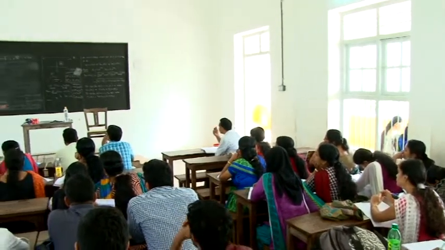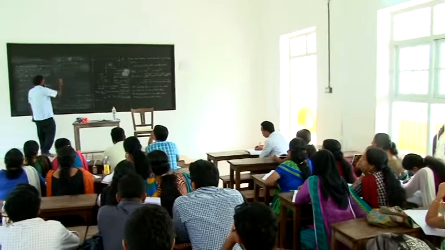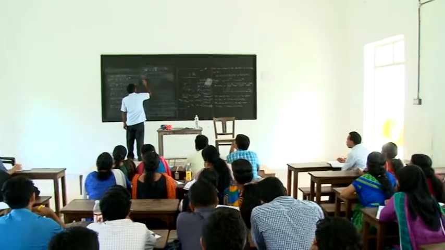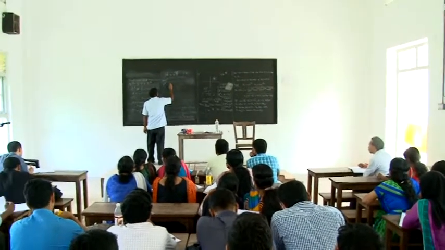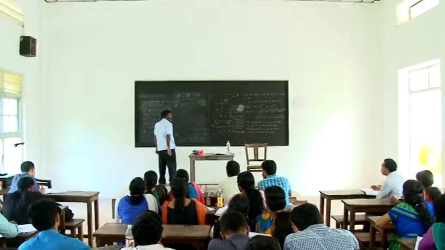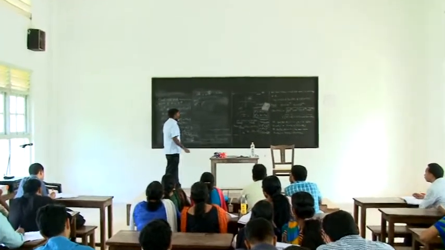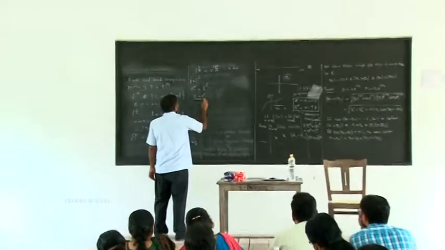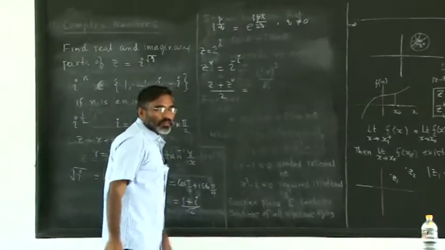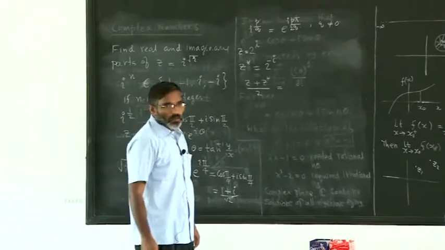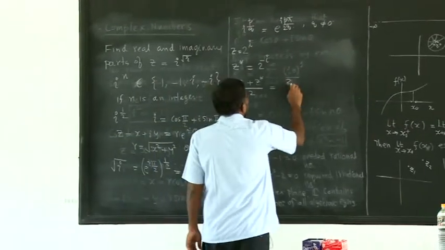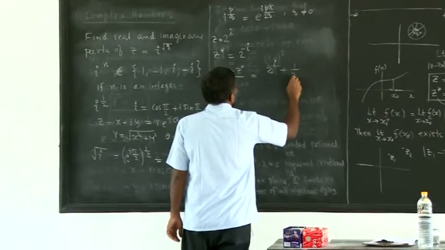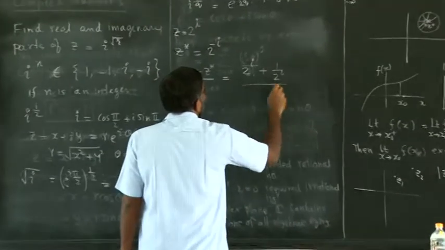Let me tell you one more trick. Suppose Z is equal to 2 power I. What will be Z star? 2 power minus I. Correct? Now Z plus Z star by 2, what will that be equal to? 2 power I plus 1 by 2 power I, divided by 2.